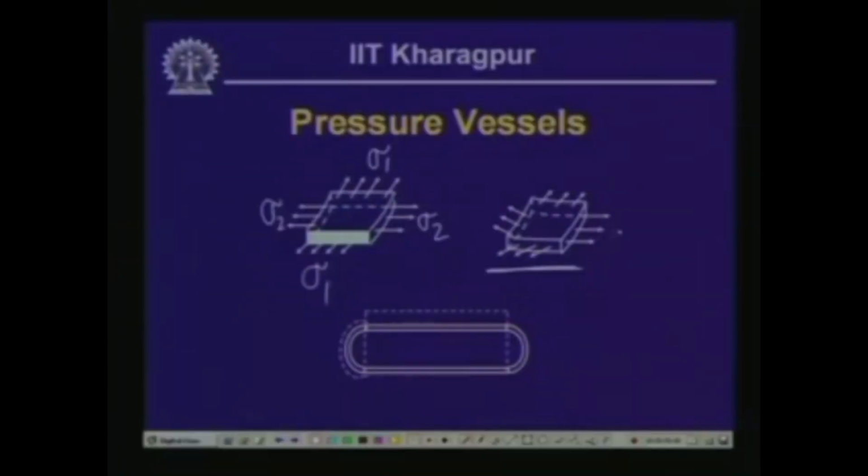Only the stress that resists the internal pressure is the circumferential stress, and hence the value is larger, whereas in case of spherical vessel, as can be observed from this figure, we get the stress from both directions. That means the pressure which is being exerted by the content of the spherical vessel is being resisted by the vessel in all directions.